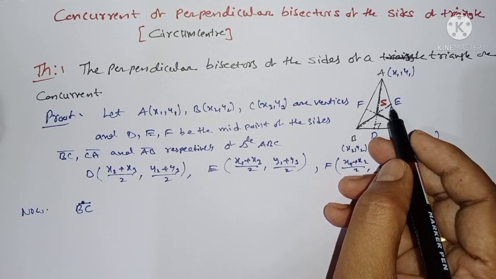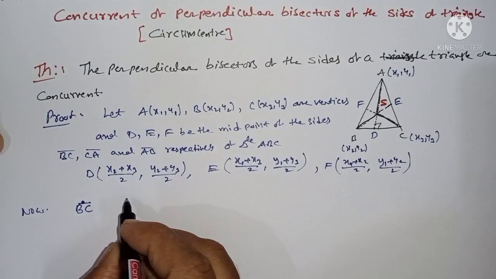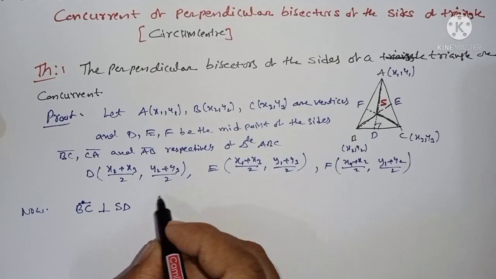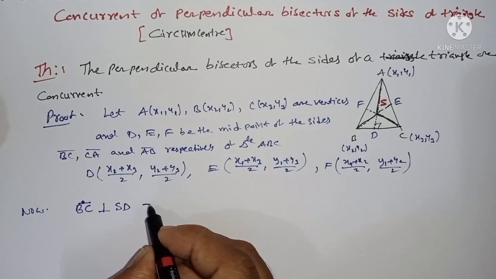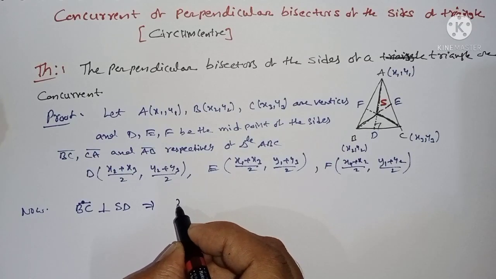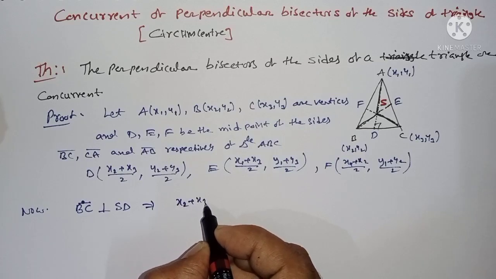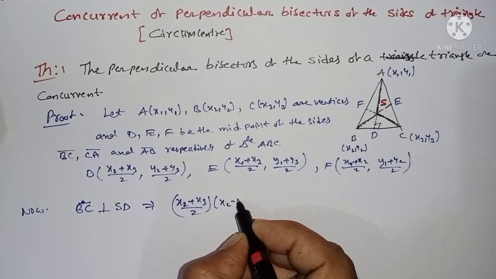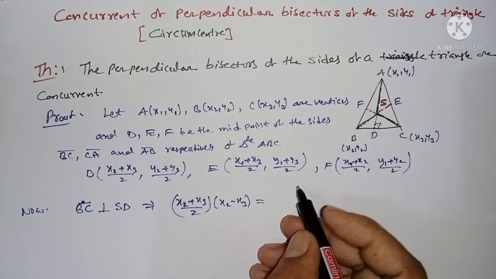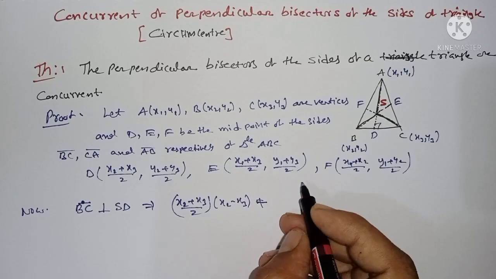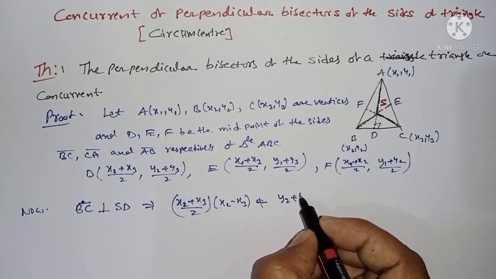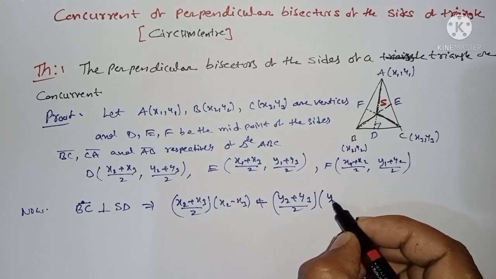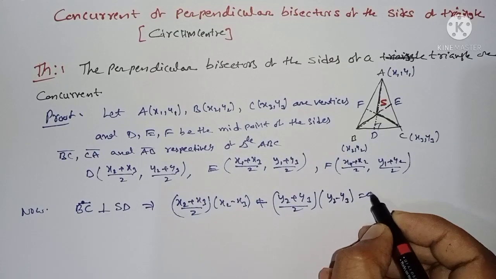Therefore, I can write ((x2 + x3)/2)(x2 - x3) + ((y2 + y3)/2)(y2 - y3) = 0.